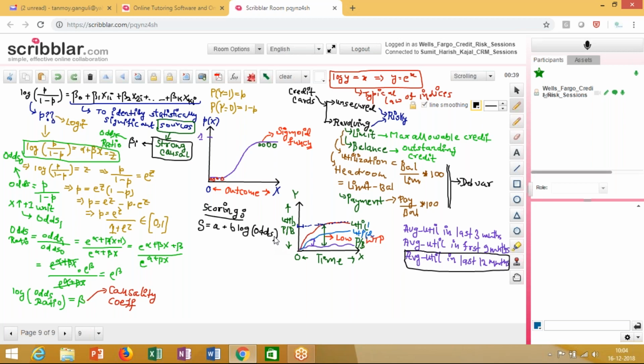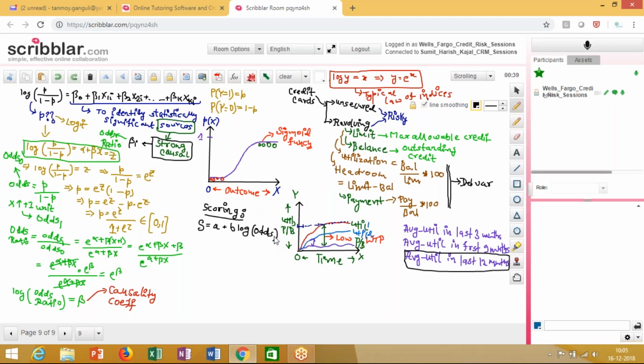So S = A + B log odds. The first question is, why am I writing score as a linear function of the log odds?